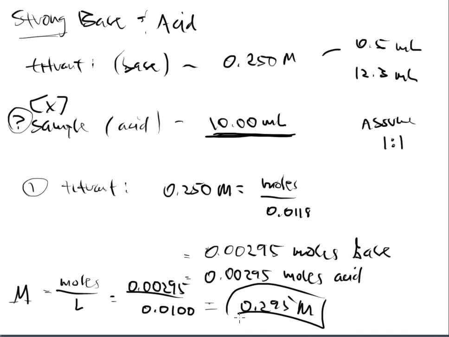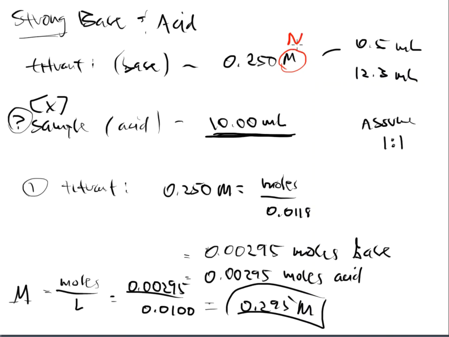Now, what can change? We talked about a few of these things in the previous video. One of the things that could change is that maybe instead of molarity, they're giving me normality. I told you to go back and review those videos on how to convert normality into molarity and vice versa, because that's going to come in handy, since normality is typically given in terms of acids and bases.